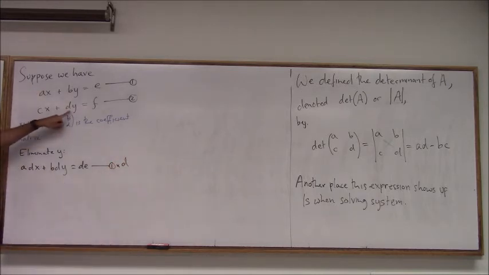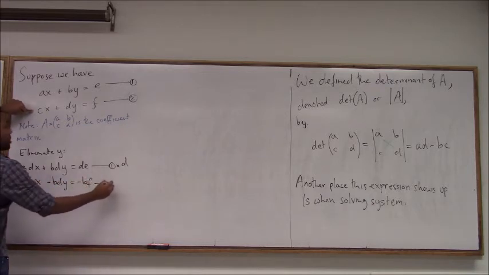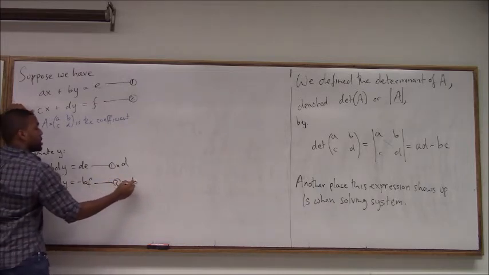And I multiply the second equation by minus b so that I get the opposite there, which gives minus bdy equals minus bf. That's equation 2 multiplied by minus b.